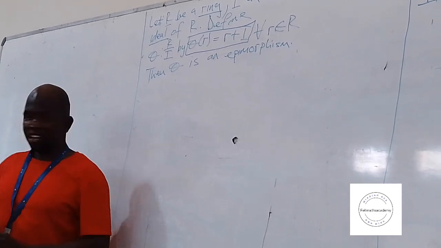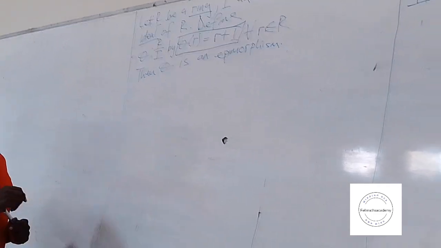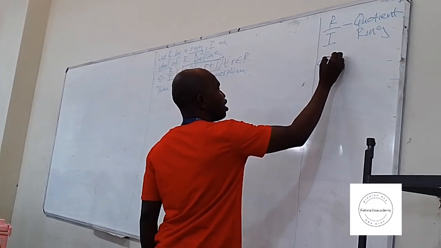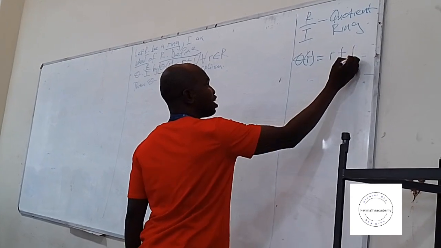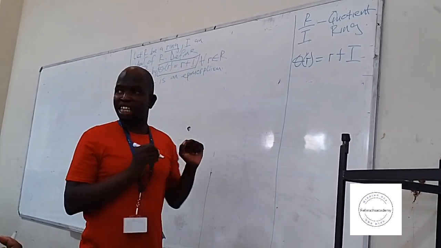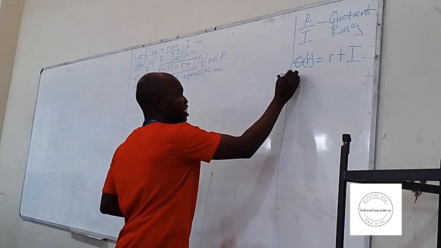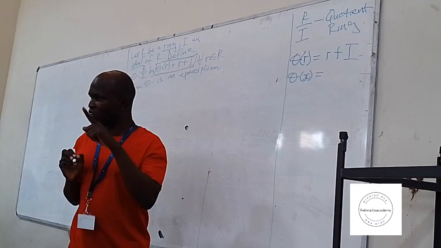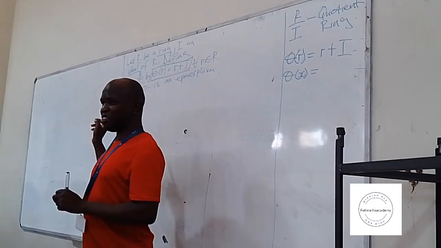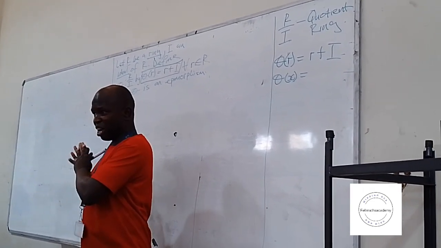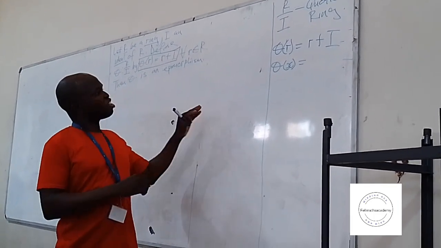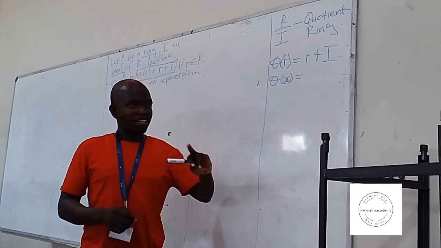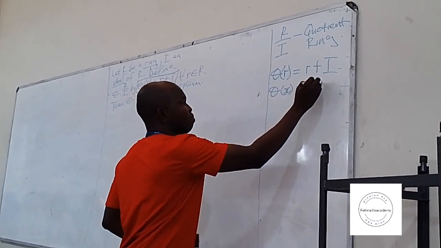So theta r is equal to r plus I. We do not go into detail. According to this rule, theta r is equal to r plus I, so theta x is x plus I.